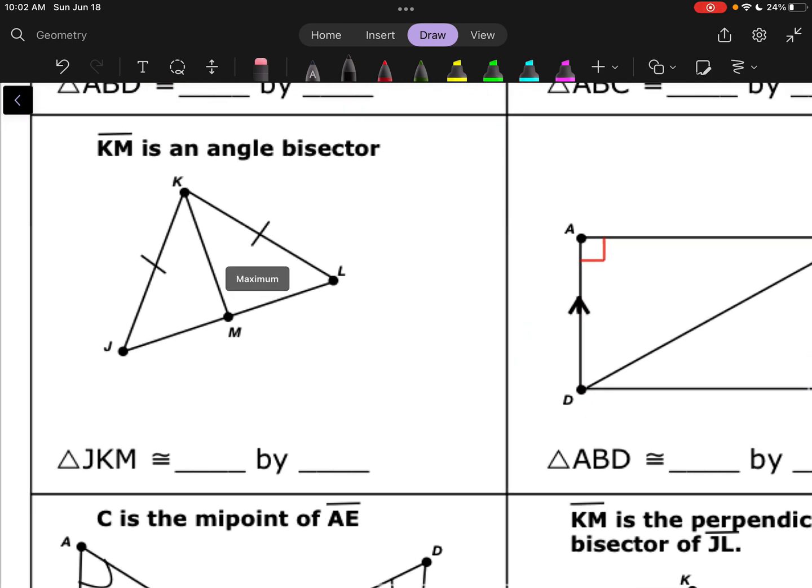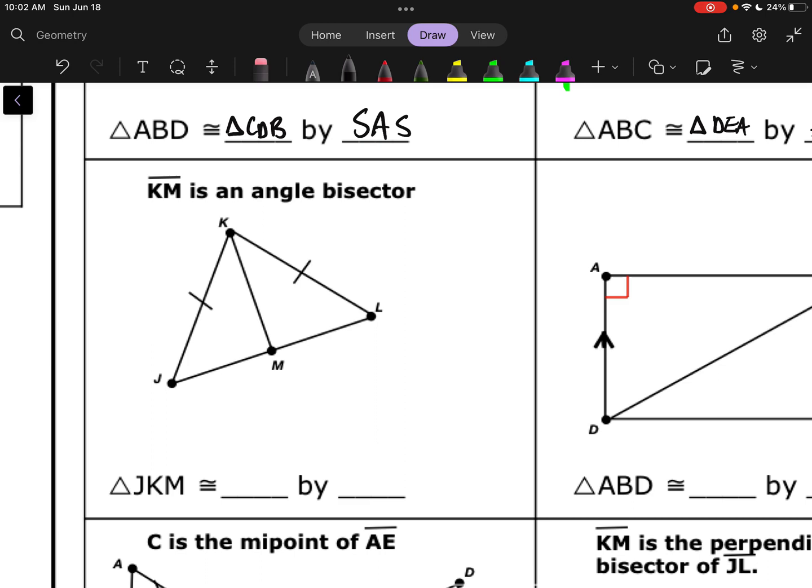What about this one? Okay, so right away I see only one congruent thing, but hopefully you recognize the reflexive side in the middle. Get to mark that. Oh, and then it says KM is an angle bisector.